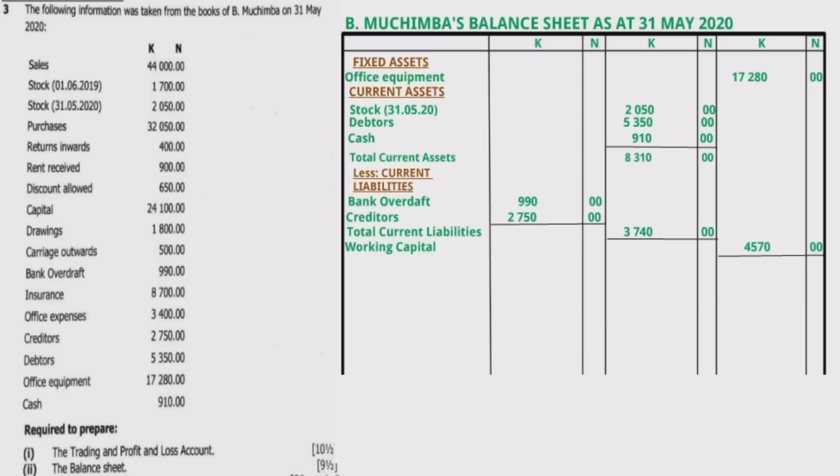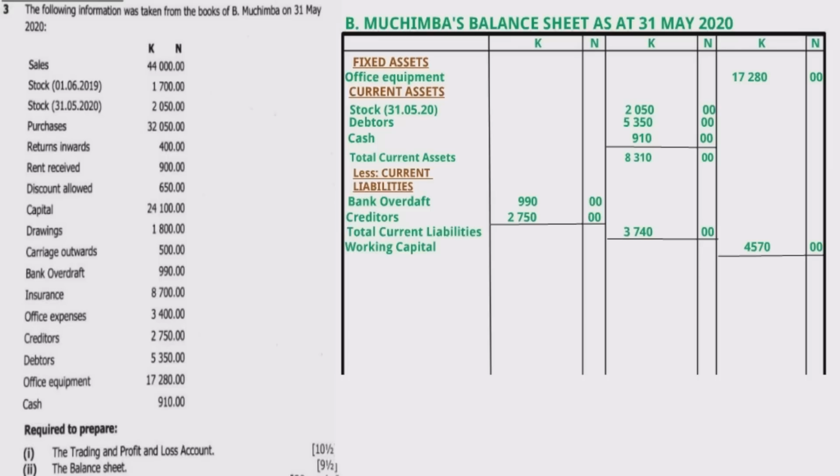Then, when we have got the working capital, next we add the fixed assets plus the working capital, which should give us the net assets.